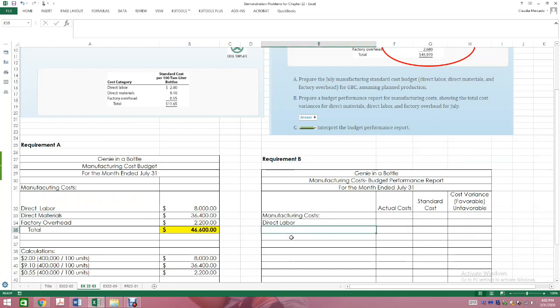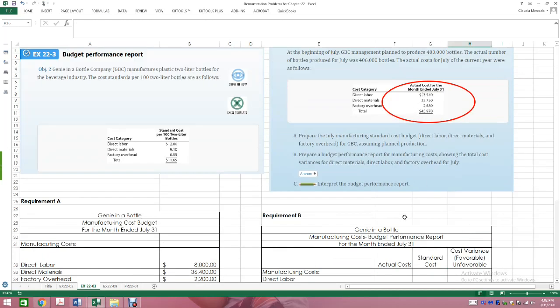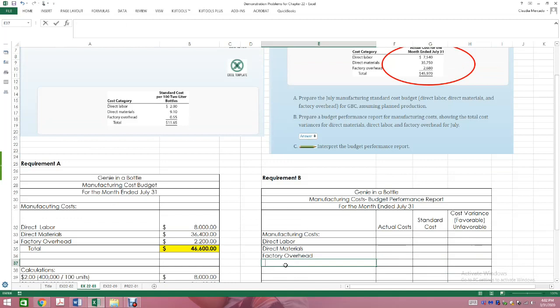So I'm going to have my direct labor, my direct materials, and my factory overhead. For my actual costs, I'm just going to copy those numbers down. My labor is 75,400.